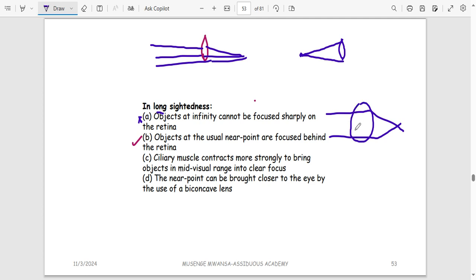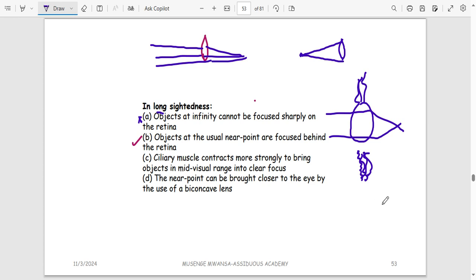To become more curved, what we do is we relax the zonular fibers. But the relaxation of the zonular fibers is because of the contraction of the ciliary muscle. That is how the lens is going to become thick like that.